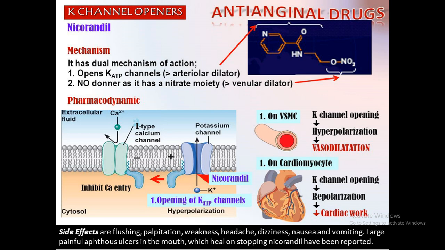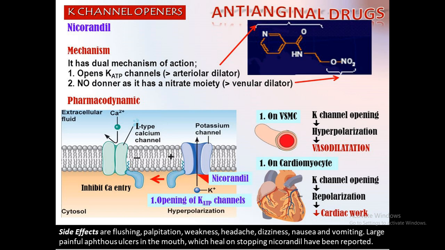If you go through the structure, you can see that it opens the potassium ATP channel, which is responsible for the arterial dilation, and it also produces nitric oxide, as a nitric oxide donor with vasodilator property. This is the nitrate moiety, and it has vasodilation property.